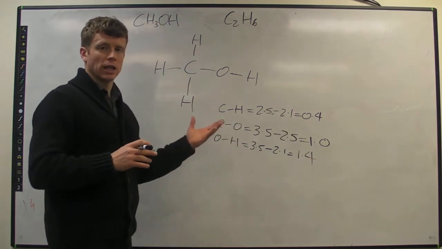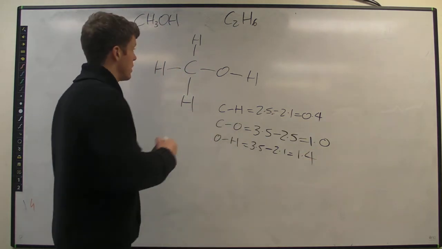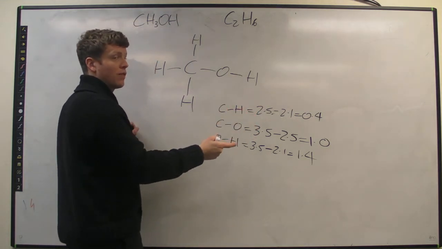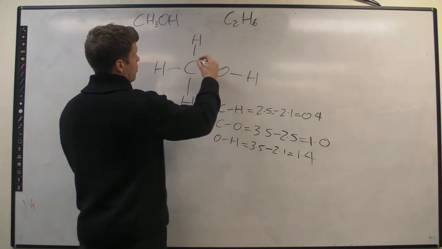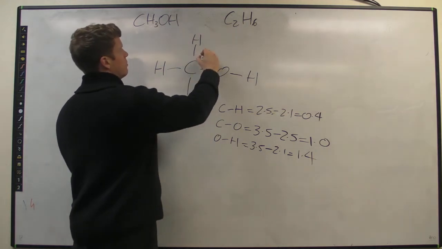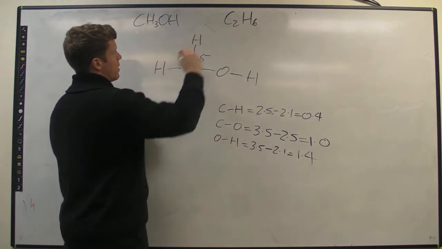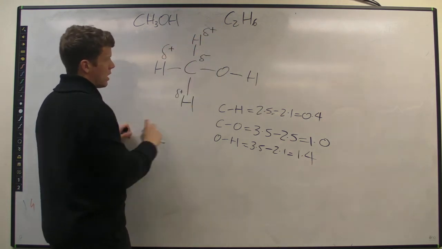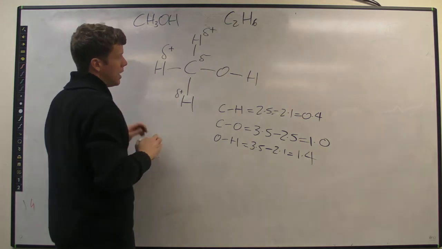So what I need to do now is label delta positive and delta negative charges. The element with the biggest electronegativity value will be delta negative. So I'm going to leave carbon, oh actually no, I'm going to label it for now. All the hydrogens though are delta positive, with electrons being drawn in towards the carbon.